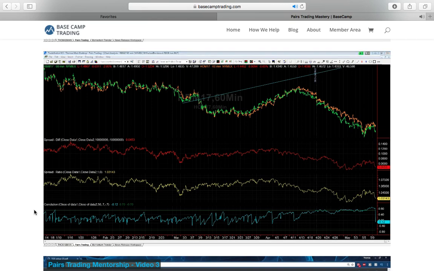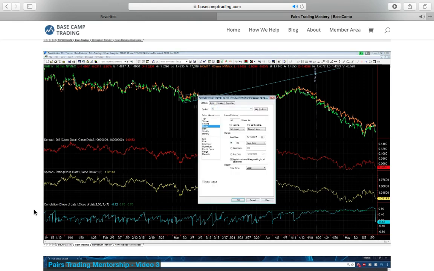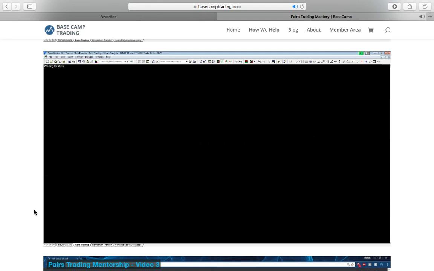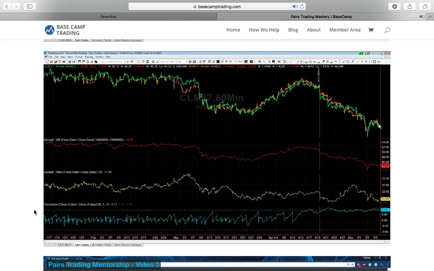Okay. So that's the first thing I look at, is there a spread here? And if they're trading around top of each other, for example, what's a pair that's trading around top of each other? Well, crude oil versus heating oil. So if I pull up CLM, crude versus heating oil, you can see they're basically around top of each other.